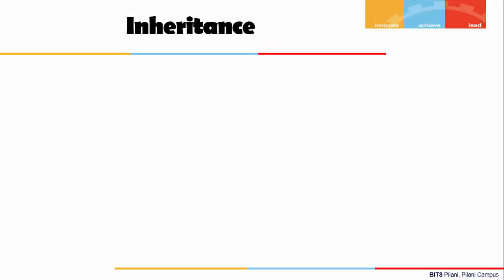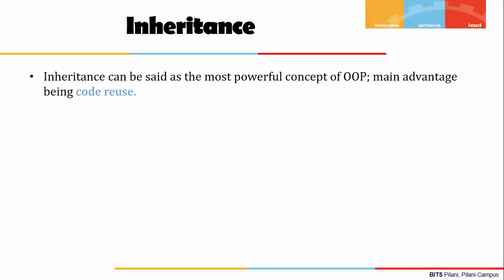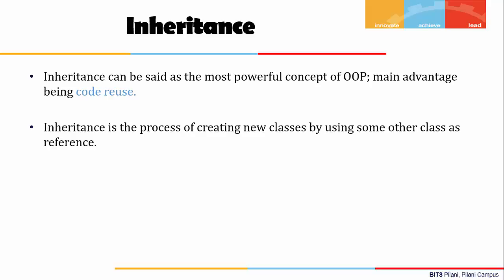So today we will study inheritance. Inheritance is the most powerful feature of object-oriented programming. Inheritance is the process of creating new classes, called derived classes, from existing base classes. So, in the process of inheritance, we create new classes by using another class as reference.